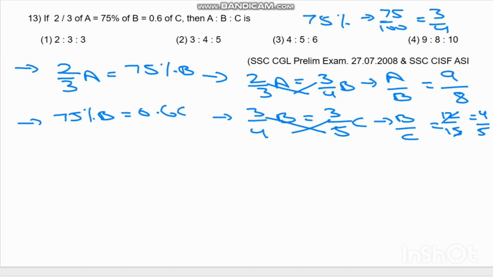We got 0.6 because 0.6 into 10 by 10 equal to 6 by 10 equal to 3 by 5.